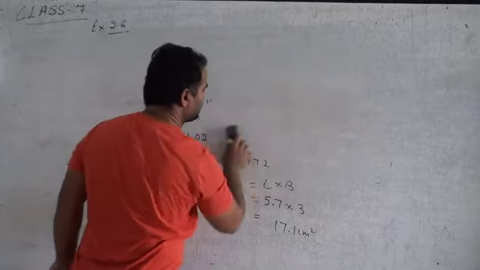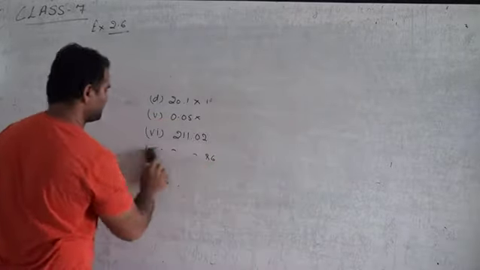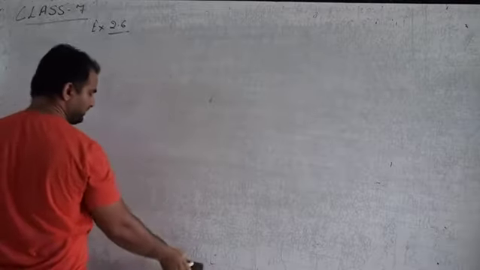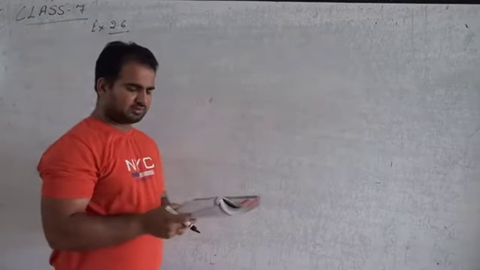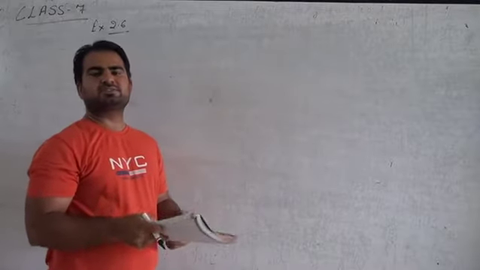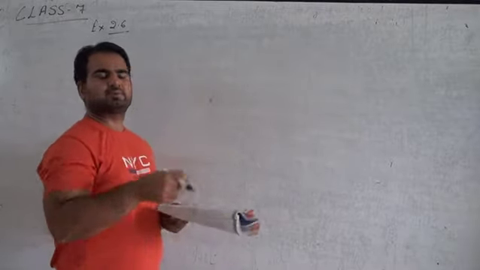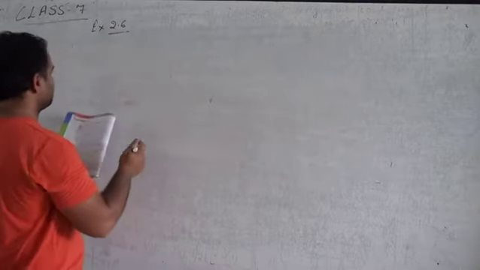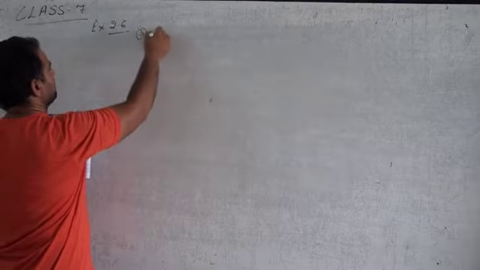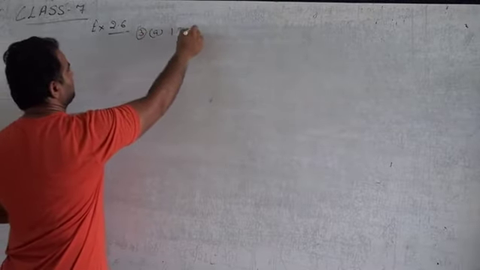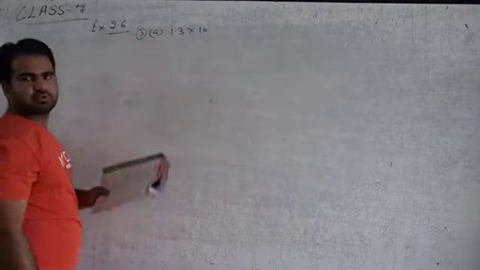Okay, next question is multiply by 10, 100 or 1000. Multiplication by 10, 100, 1000 is very easy, because we have to just move the decimal. Question number third, A: 1.3 into 10.